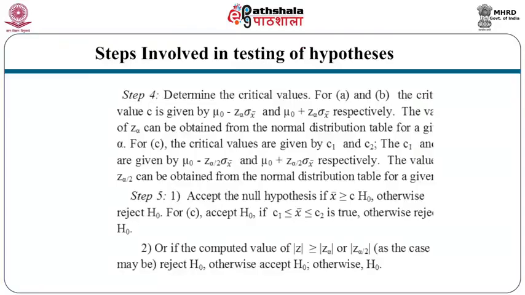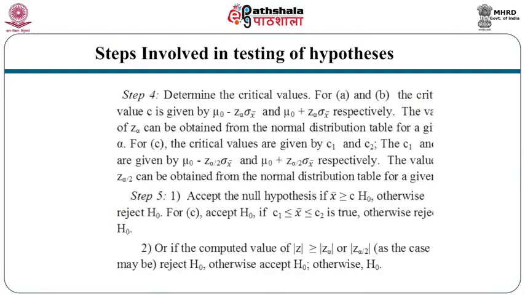Then in step 5, we accept the null hypothesis if x bar is greater than or equal to C. C may be C1 or C2, otherwise reject H naught. Now for step 1, the null and alternate hypothesis, if it refers to a two-sided test, accept H naught if x bar lies between C1 and C2, otherwise reject it.